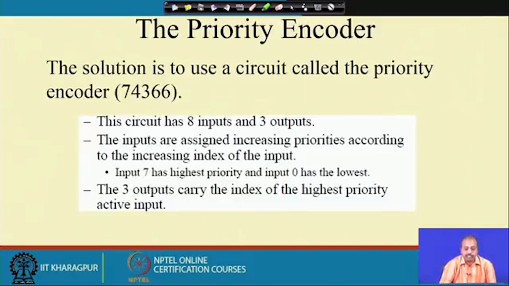This circuit has 8 inputs and 3 outputs. A number of devices may be connected to this chip, and the pin to which a device is connected decides its priority. Input 7 has the highest priority, input 0 has the lowest priority, and the 3 outputs carry the index of the highest priority active input.